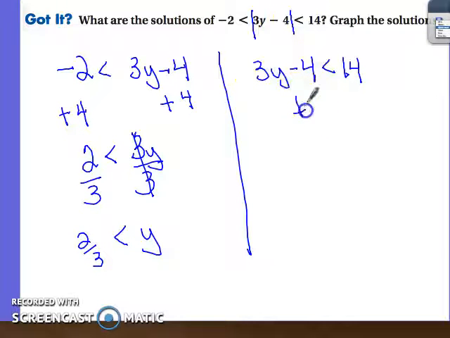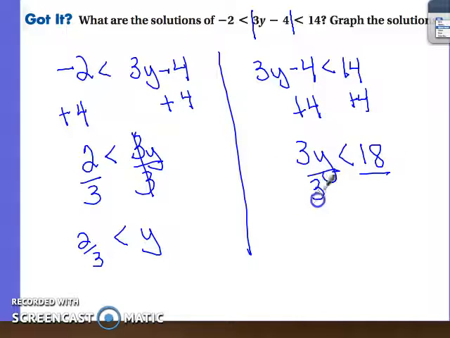Over here, add 4 to both sides. So 3y is left, and then I have 18, divide both sides by 3. So that gets rid of that. y is less than 6.